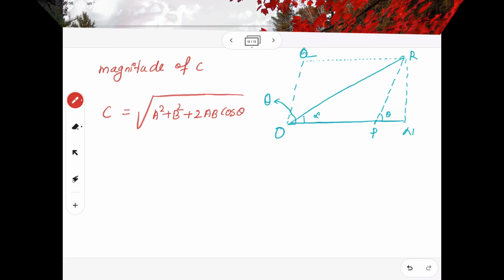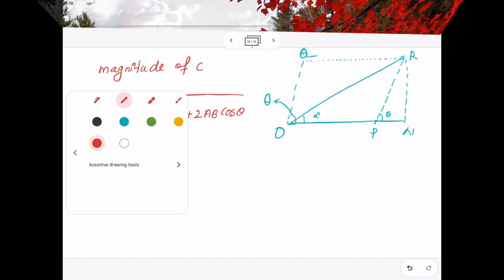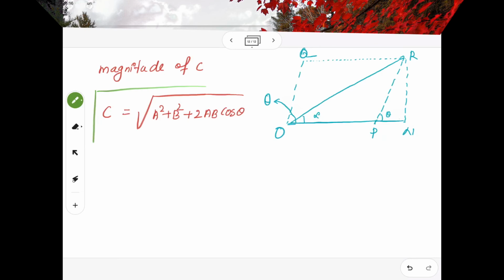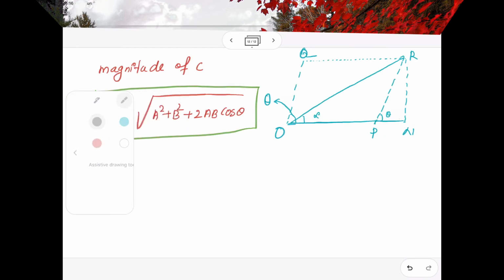Now how this comes you will study later. But just learn by heart the magnitude of C: C is root of A square plus B square plus 2AB cos theta. A, B, C are vectors and theta is the angle between vector A and vector B.